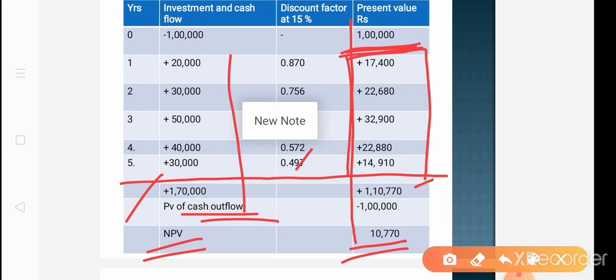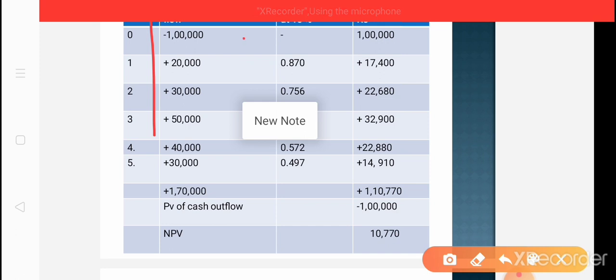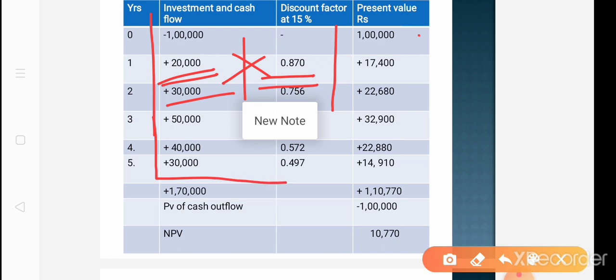Just one more time. Here in this question, you were given the years, inflows and the discount factor. So we want to find out the present value here now. Then we multiply each inflow with the discount rate till the fifth year. The inflows were generated till the fifth year, so we are finding out the present value till the fifth year.